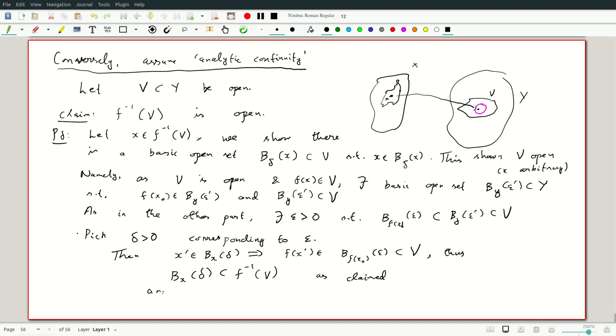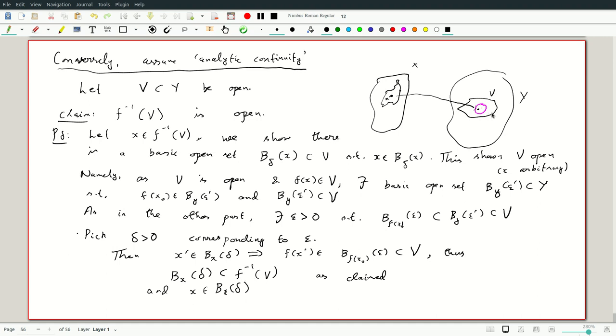Strictly speaking, I should also mention x belongs to the ball around x of radius delta, since delta is positive: x belongs to a ball of any positive radius about itself. This is contained in f inverse of V.